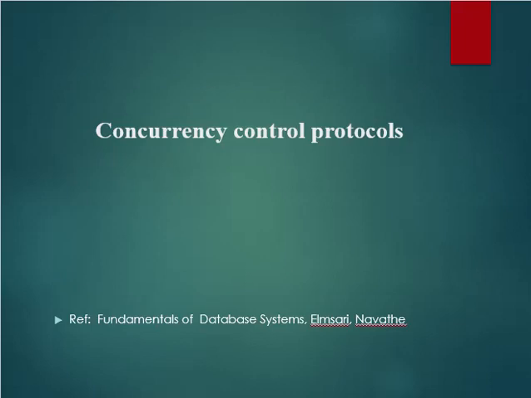I think you studied in operating systems about certain locks used for process scheduling. In many cases, if a particular transaction reads an item and is going to write after the read, then no other transaction should come in between.